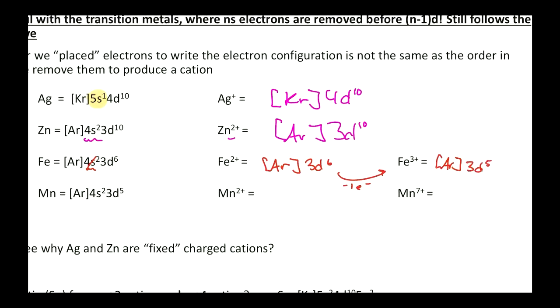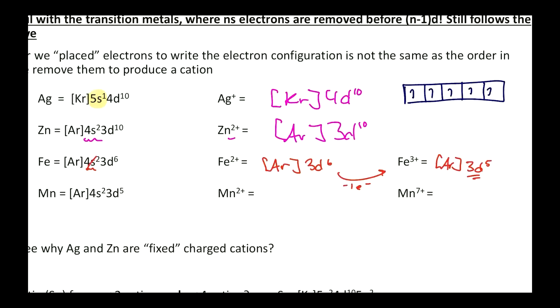Is there anything special about 3d5? Let's draw it. I want to put 5 electrons in the d orbital boxes, right? And how am I going to fill those electrons? Yeah, all singly. So 1, 2, 3, 4, 5.